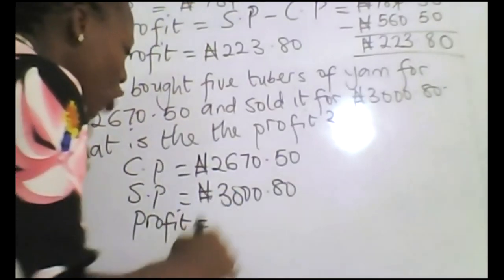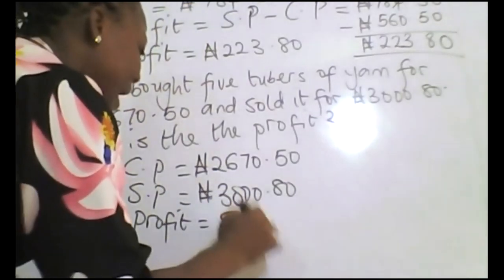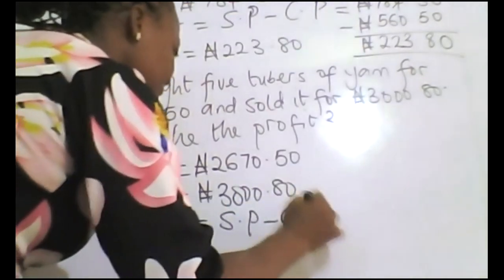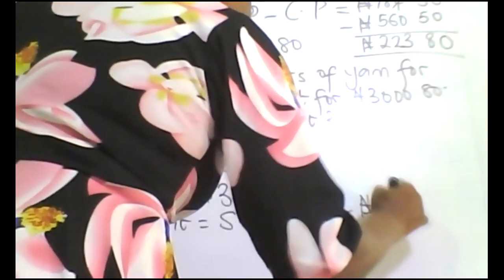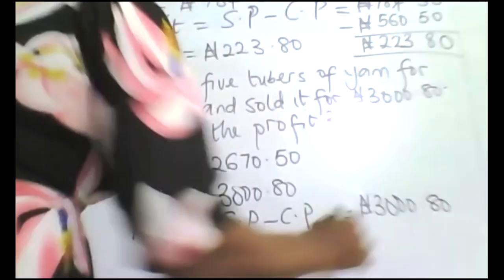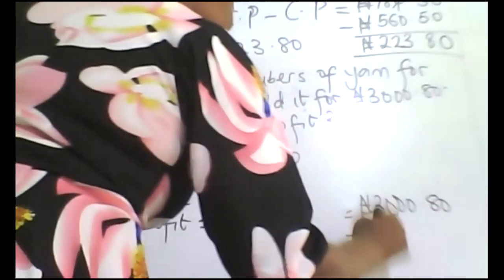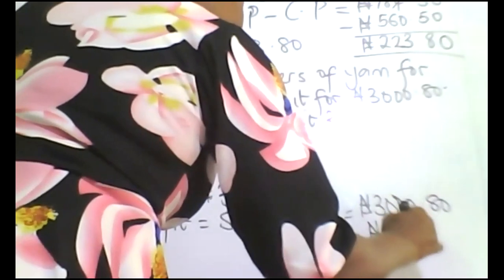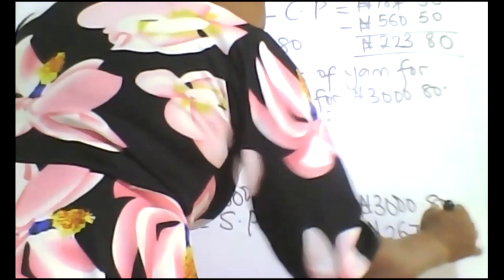Profit equals selling price minus cost price. And our selling price is 3,080 naira, while our cost price is 2,670 naira 50 kobo.